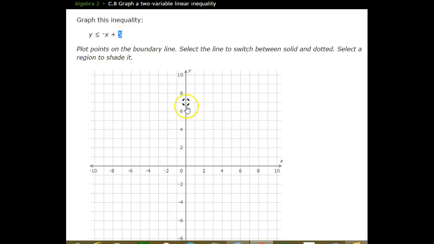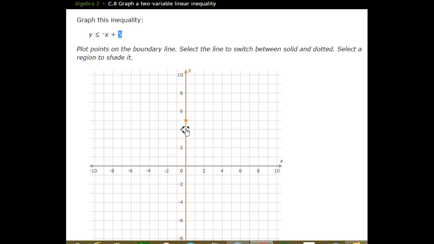So first I'm going to put my mouse on the y-intercept 5, and that's going to mark one of the points. And then I'm going to say, okay, the slope of negative 1, rise over run, is negative 1. So that means, let's say it's negative 1 divided by 1. So rise is negative 1, so it goes down 1.